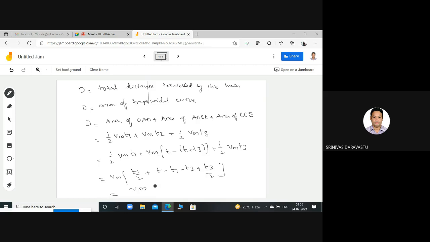So Vm, simplifying that, I will get T minus half into (T1 plus T3). Vm into (T minus half into (T1 plus T3)).